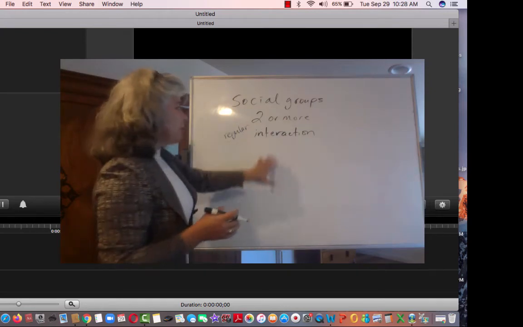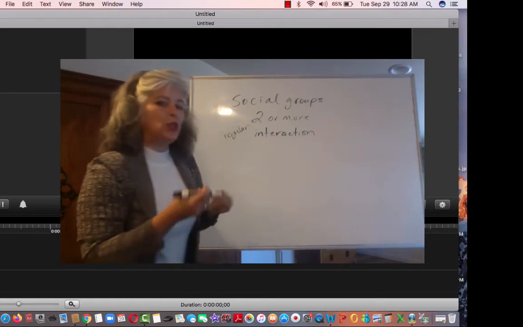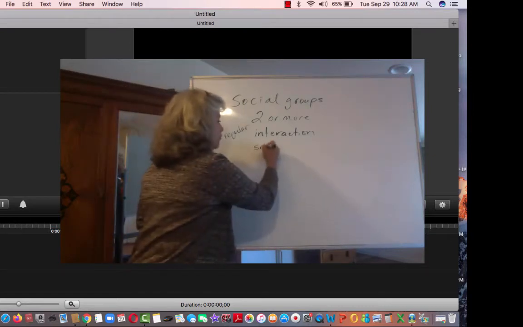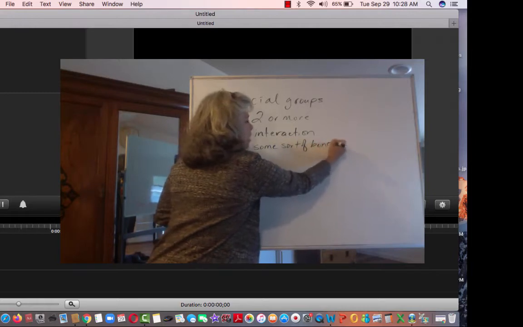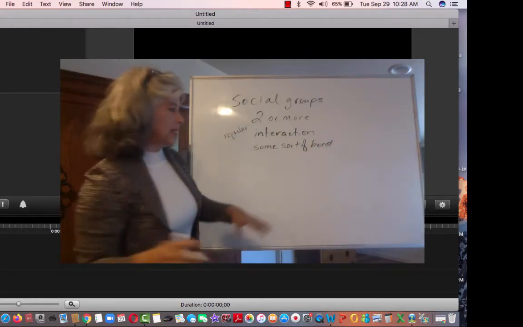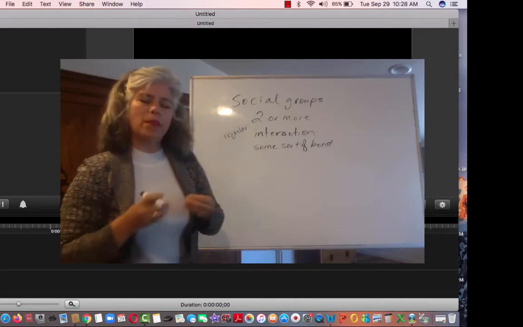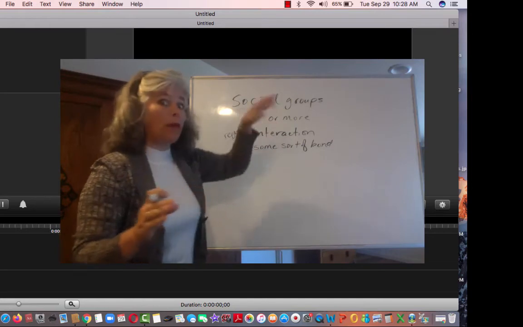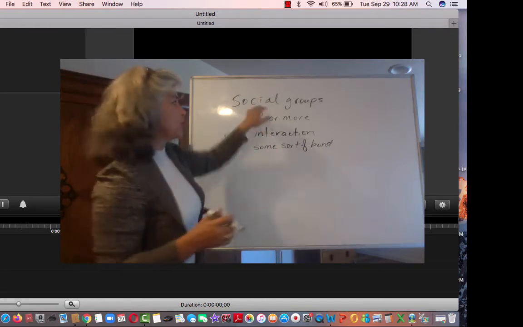So 2 or more people, regular interaction, and something that bonds them together so that regular interaction is possible. Some sort of bond. We'll talk about the types of bonds in just a second, but it has to have some type of bond, and there has to be some component of your social identity and the other people's social identity wrapped up into your social group.